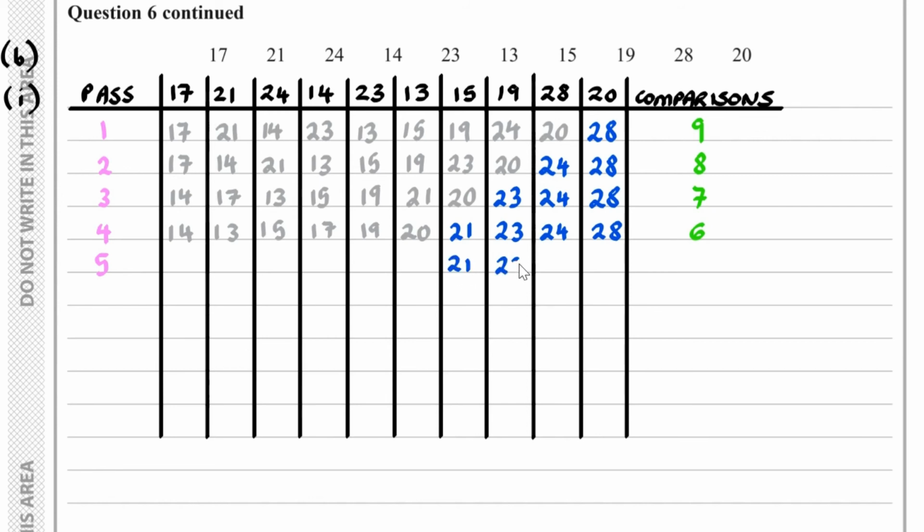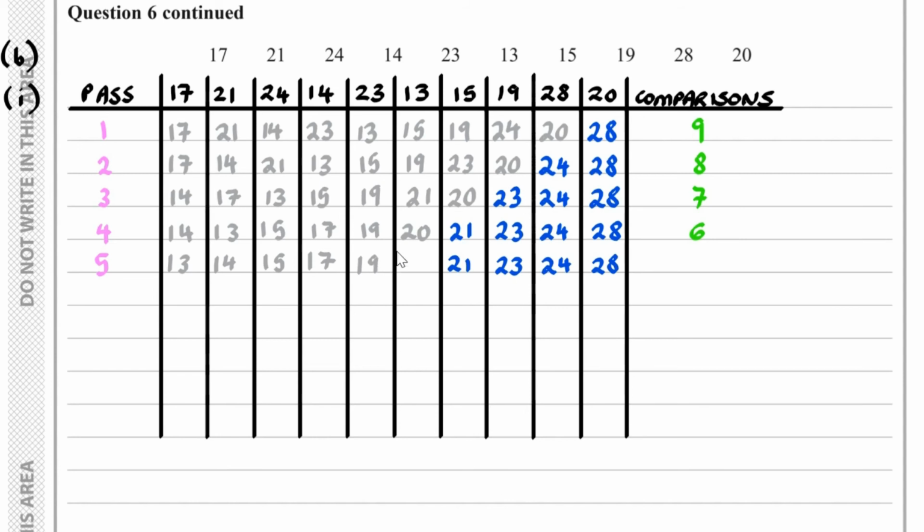And for the fifth pass, 21, the 23, the 24 and the 28 are not going to change. Next, we compare 14 and 13, 13 is smaller. We now compare 14 and 15, 14 is smaller. We compare 15 and 17, 15 smaller. So compare 17 and 19, 17 is smaller.